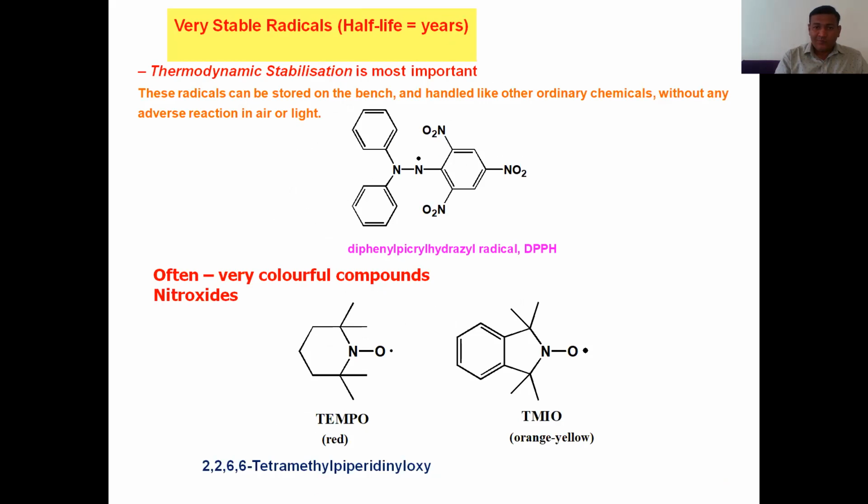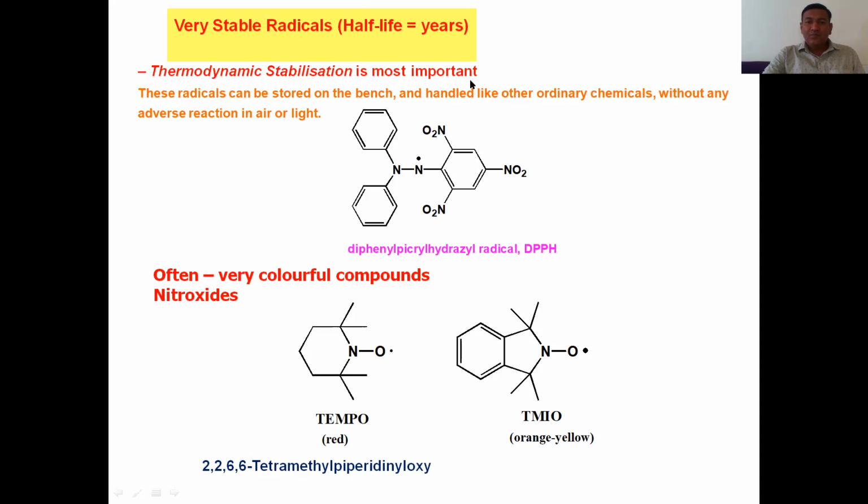Next, another very stable radical, having a half-life of some years. Oh my God. So we can easily handle it, right? Like other chemicals, like a radical initiator and a salt, we can handle this type of initiator easily.